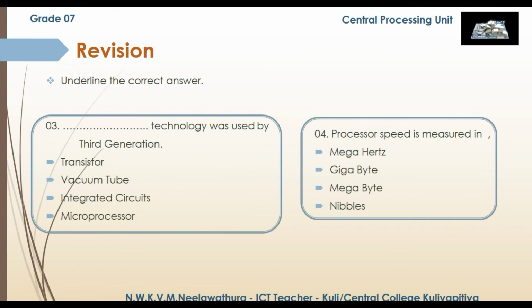Question number 3. Blank technology was used by third generation. Answers: transistor, vacuum tube, integrated circuits, microprocessor. Last question. Processor speed is measured in megahertz, gigabyte, megabyte, nibbles.